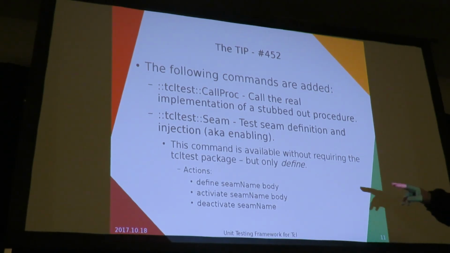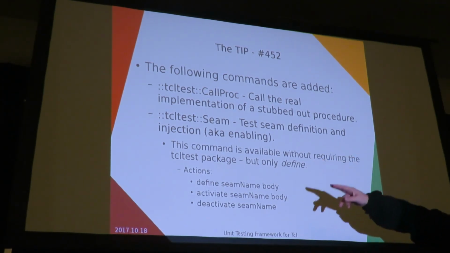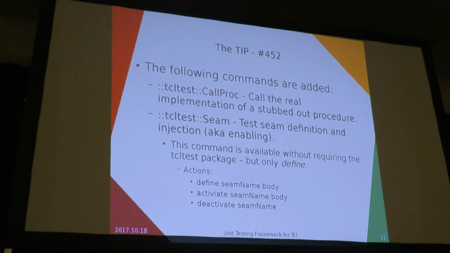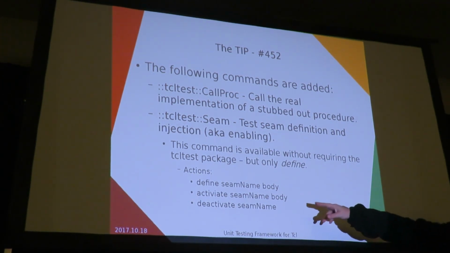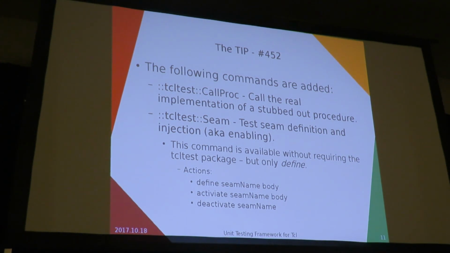So in your real code, you would do a test seam define, seam name, and then put the body of code that normally gets executed. In the test, you're going to say activate a seam name and give it an alternative body. So in your test, when it gets to that seam, it will execute the alternative body of code instead of the big body. Usually that alternative body is just setting a couple variables.